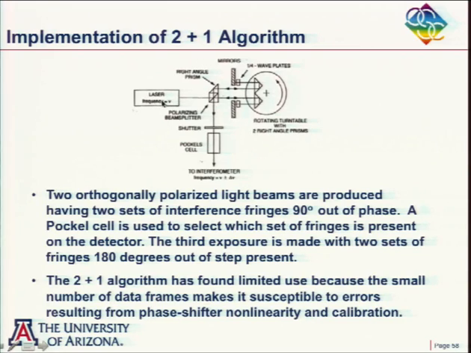So he had a laser here, okay? He then sent the beam out here and split it into 2 parts. And these 2 parts will have orthogonal polarization. So we have a polarization beam splitter.